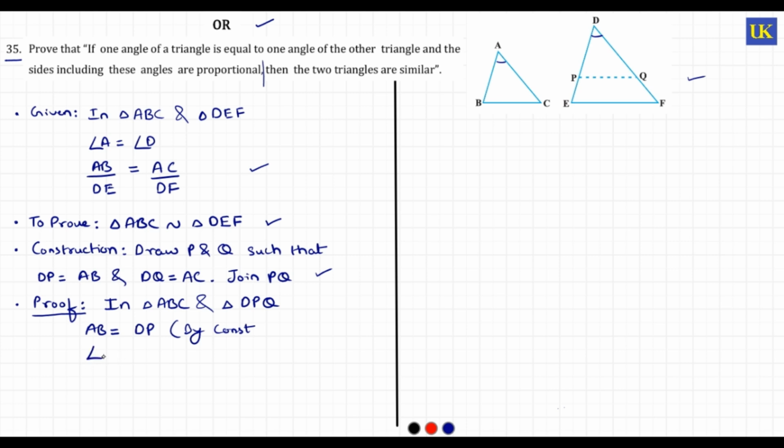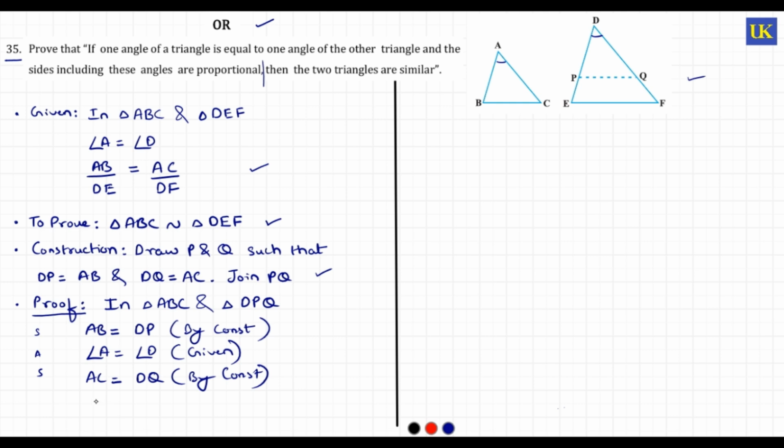Then angle A is equal to angle D. This is given in the given part. And AC is equal to DQ. This is also by construction. We can see here AC is equal to DQ. So this is also by construction.